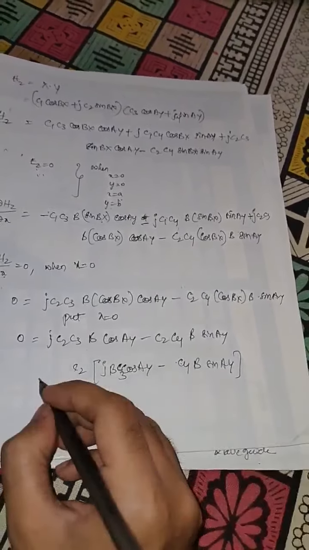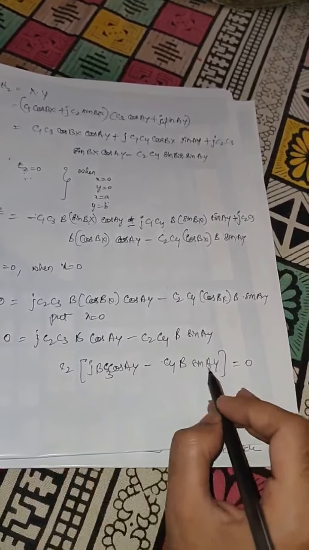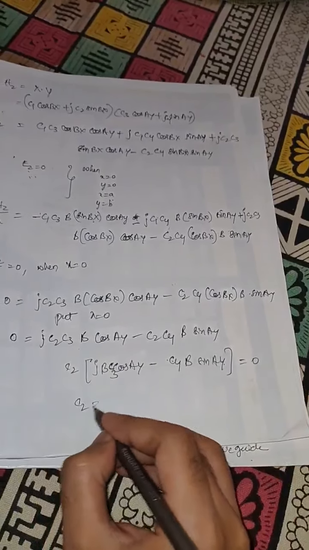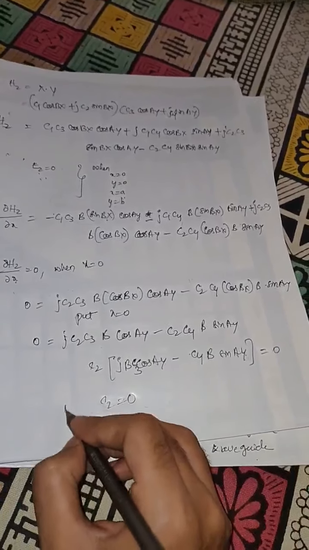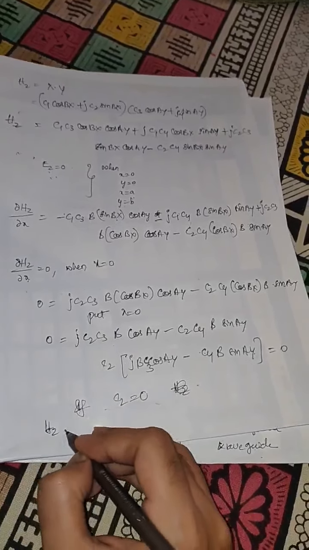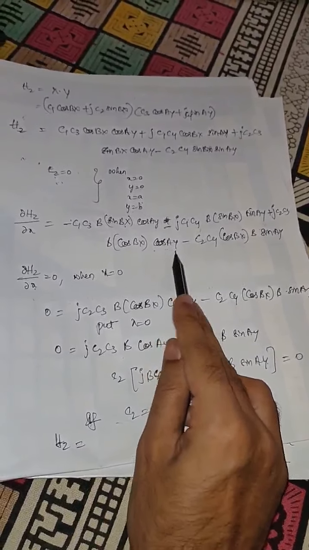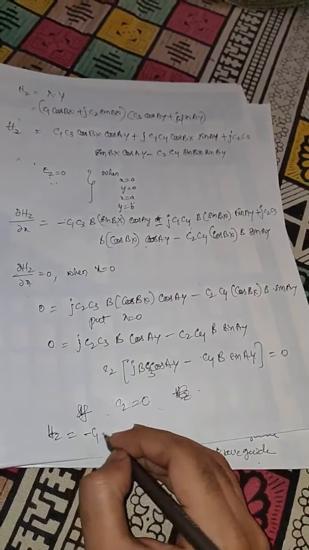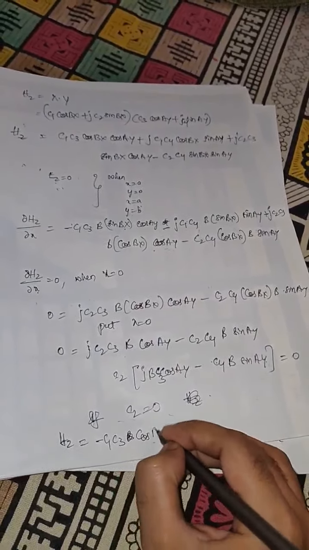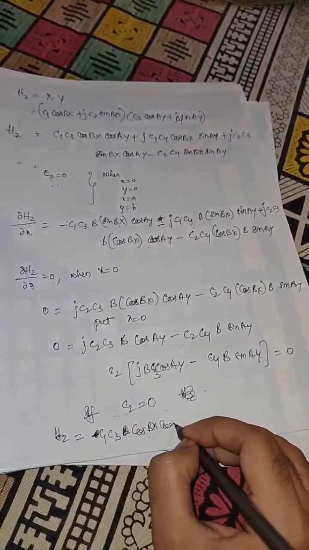Here this equation is equal to 0, so this bracket should not be equal to 0, because y is a variable, so it cannot be 0. So c2 is equal to 0. If c2 is equal to 0, then Hz, if you put c2 equal to 0 in this equation, becomes c1 c3 cos bx cos ay.